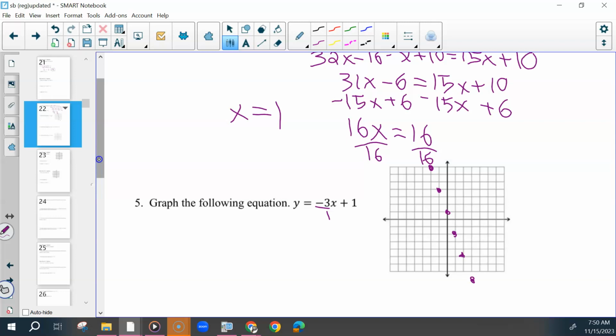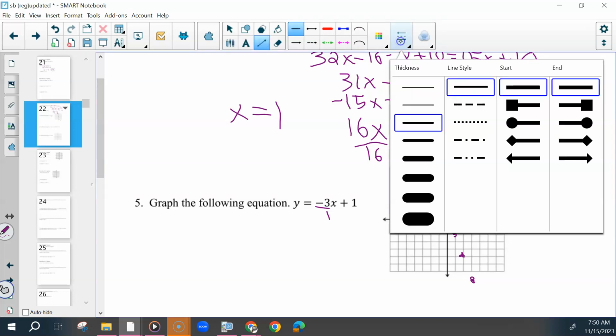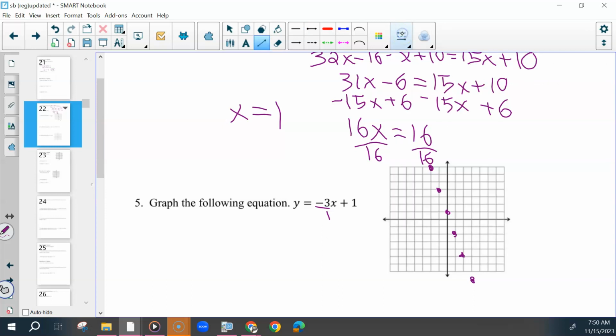Draw your line through it. Make sure you have arrows at the end. This line is really small, but there are tiny little arrows at the end. Questions on that one?